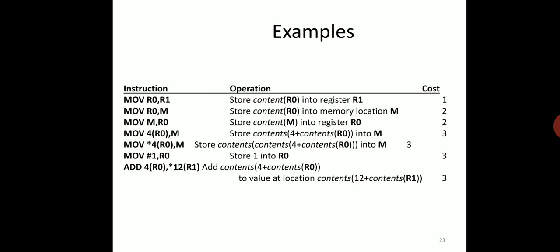So if we have 2 register operands, cost will be 1. If 1 memory operand and 1 register operand, cost will be 2, and except this cost will be 3. So it may be index addressing, it may be pointer index addressing, at that time cost will be 3.